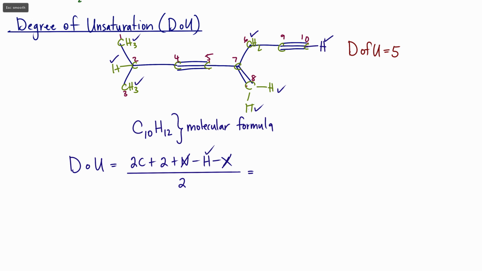So we have 2 times 10 plus 2 minus 12, all of that divided by 2. Okay? So that's 22 minus 12 gives us what? 10 divided by 2, and that's 5.